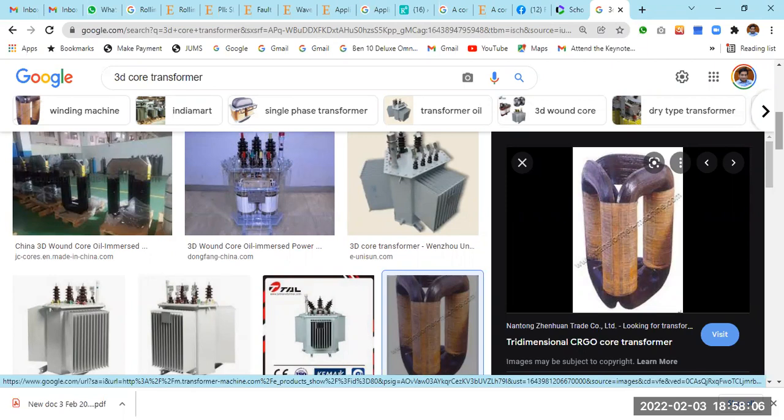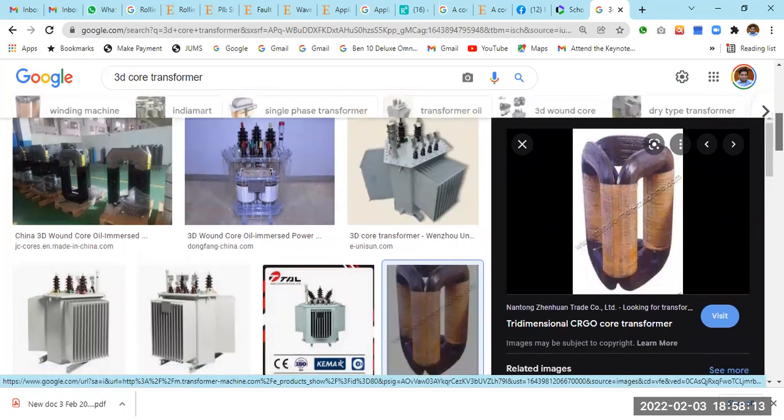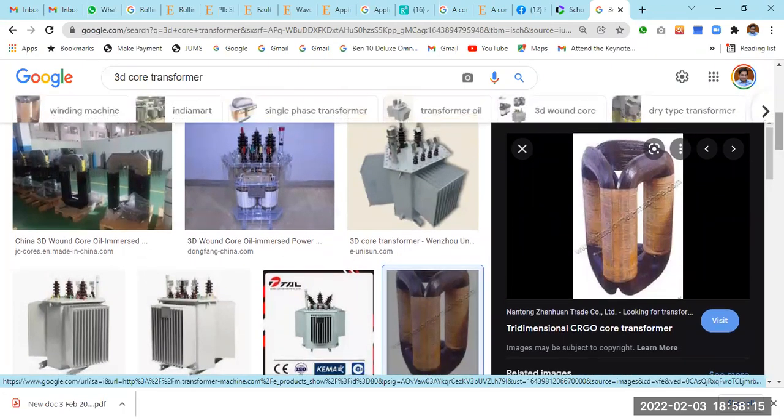That means this particular construction, what is the advantage? Can you tell me? It is compact. The space requirement is less for this particular construction. But every time space is not the thing, because in a transformer another thing is the generation of heat.